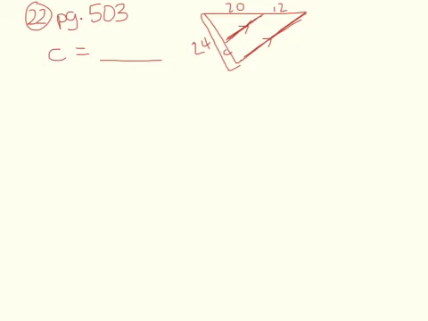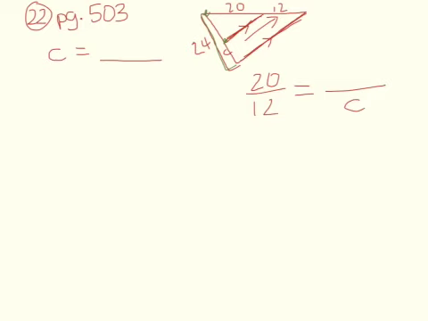So I know that 20 over 12 is proportional to, and C is the one that goes with the 12, but this segment here, the one that goes with 20, is not 24 because 24 is the whole thing.